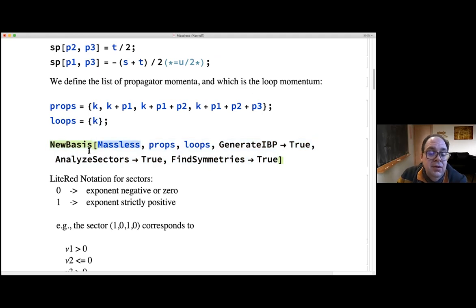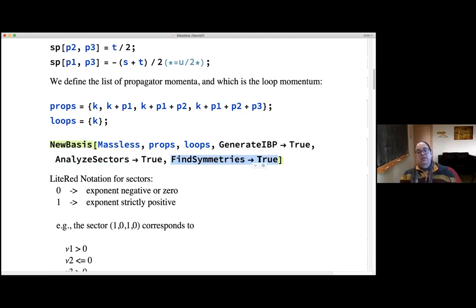Well, this is just a name, so if I had more integrals I wanted to implement, you could distinguish them. I give it the list of propagators and the list of loop momenta. I ask it to generate the recursion relations, and this essentially looks for symmetries between the indices.